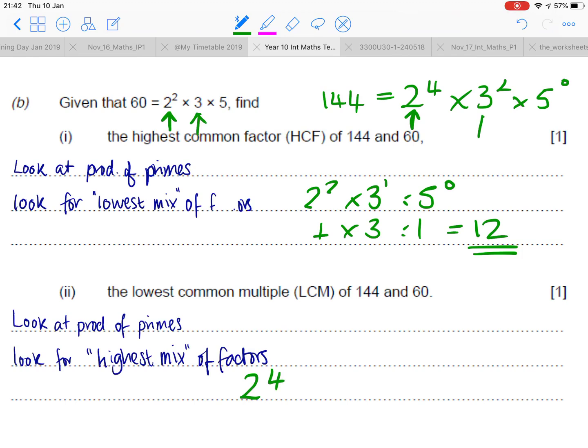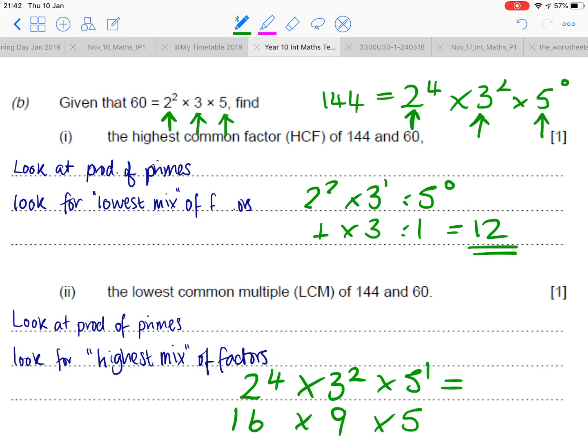I look at the 3s and I take the 3 squared, and I look at the 5s and I take 5 to the power of 1. 2 to the power of 4 is 16. 3 squared is 9 times by 5. 16 times by 9 times by 5 would give you 720.